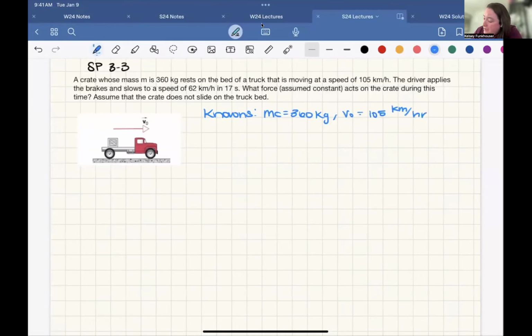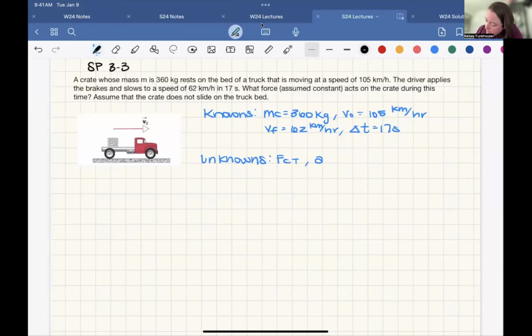We know the final velocity is 62 kilometers per hour. And we know the time interval is 17 seconds. What are our unknowns? We don't know the force on the crate by the truck, and we also don't know the acceleration.